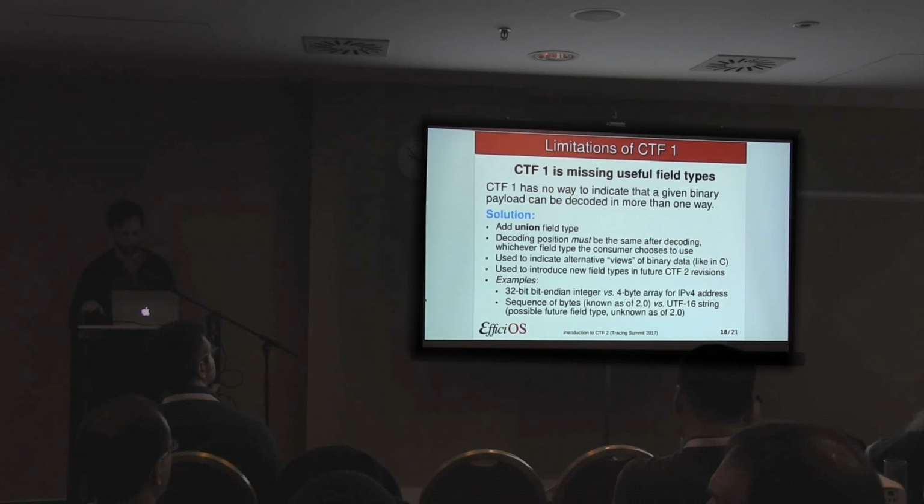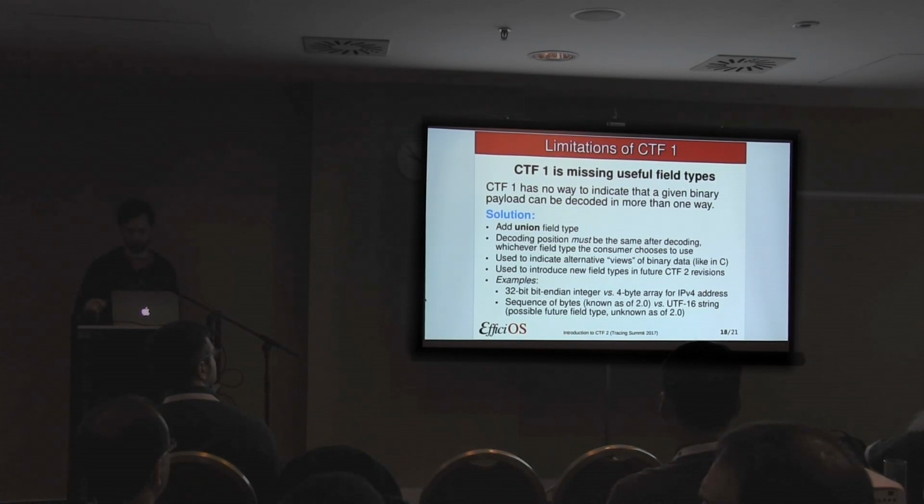Finally, CTF1 has a variant field type, which is a discriminated union, but it doesn't have any union like in C, where you describe the same payload bits with different layouts. So this can be interesting to provide alternative views of the same binary data.